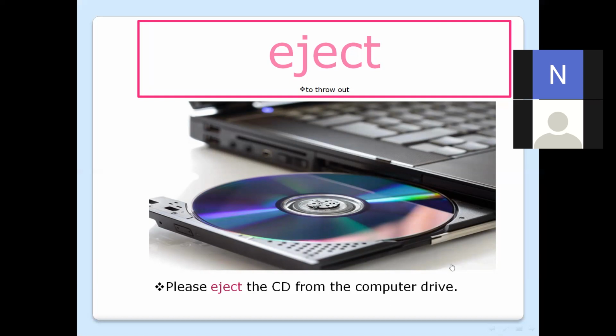Same for the DVD drive. Eject means to throw out or to take it out. Please eject the CD from the computer drive. Remove it.